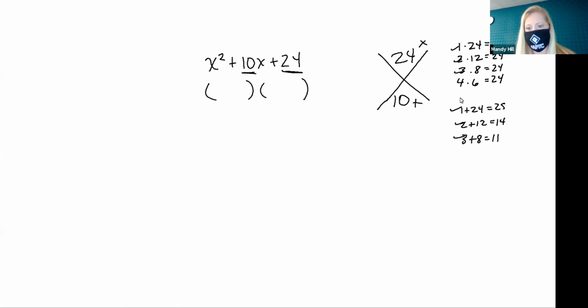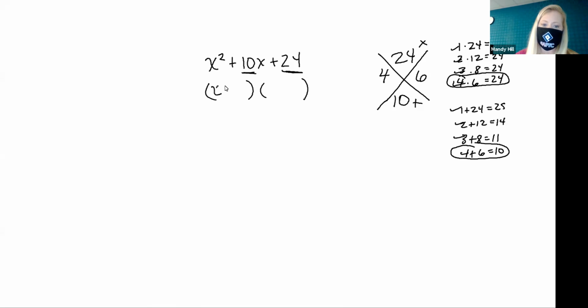That's not 10. But 4 plus 6 gives me 10, which is what I'm looking for. So that's the combination that's going to work. Those two numbers multiply to give me 24 and add to give me 10. So I know the answer is 4 and 6. So I could go ahead and write that right here.